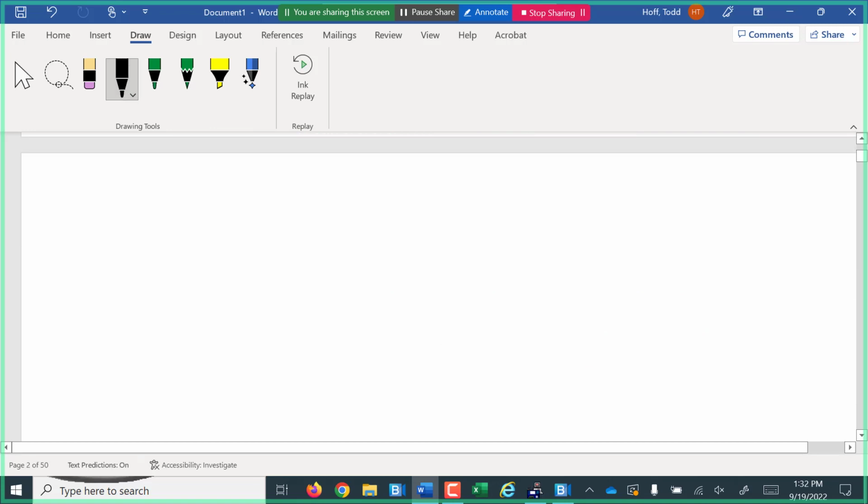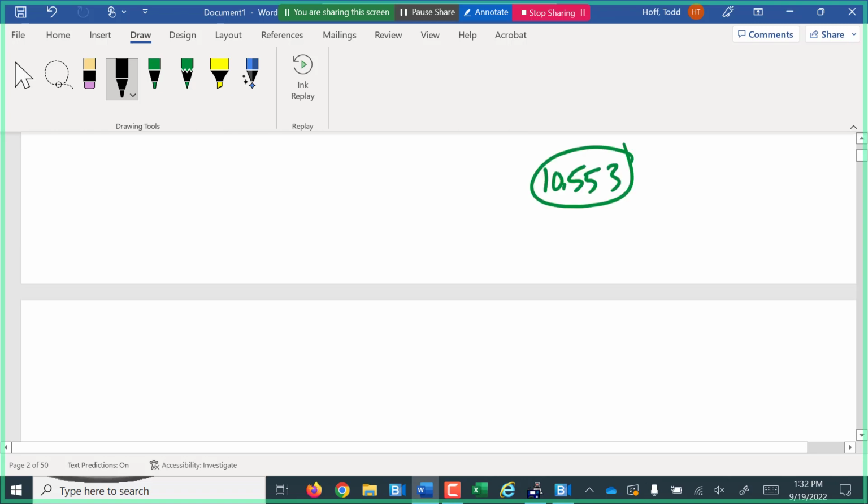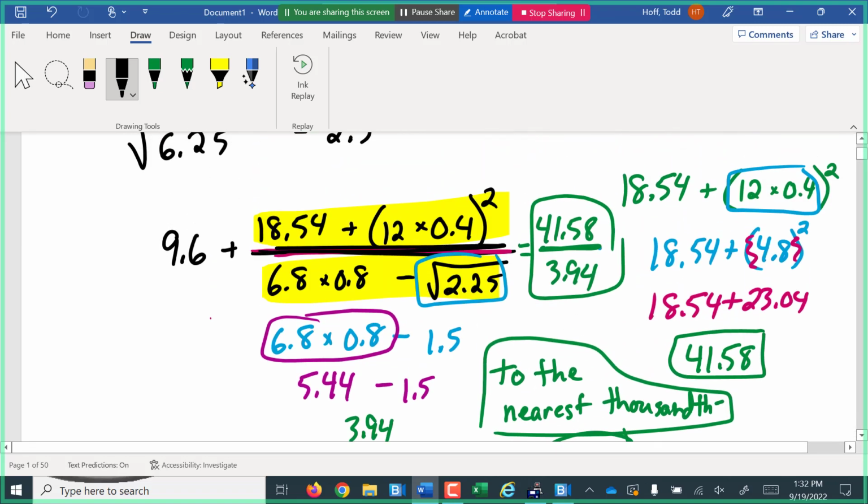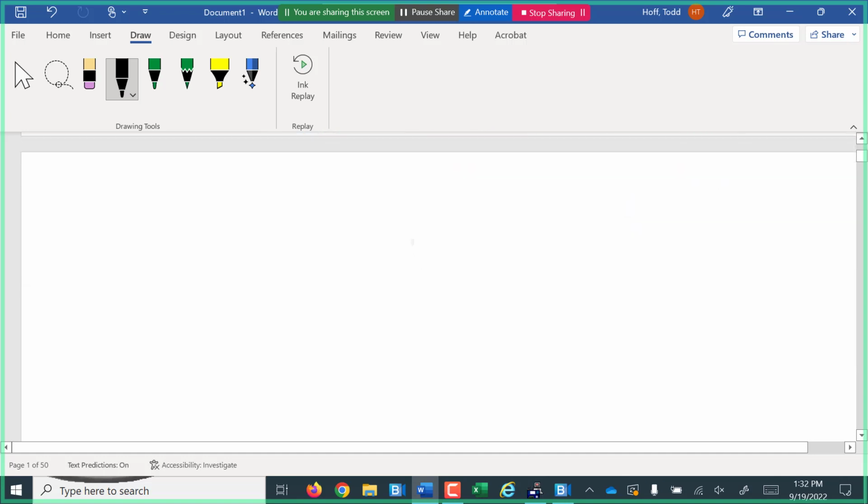Well, we said that we can have other enclosing symbols. We saw one here, and we had parentheses, but we also had the fraction bar. Another potential enclosing symbol is the radical.